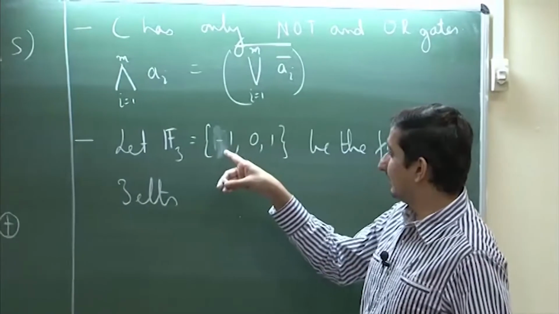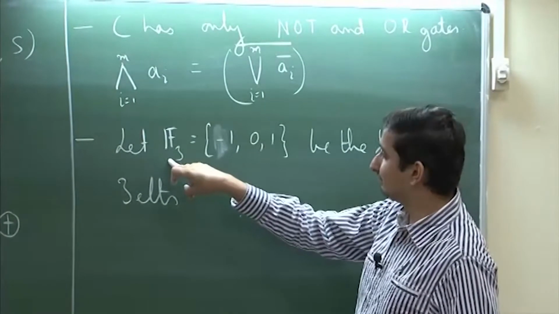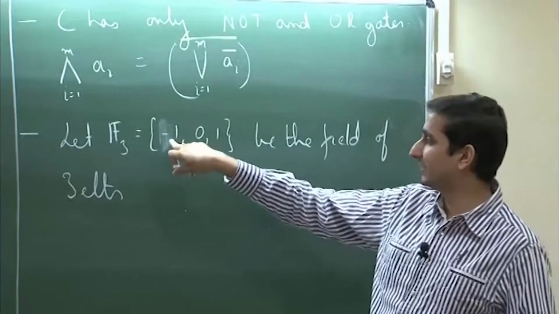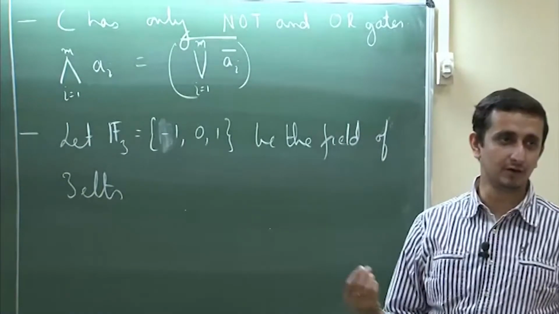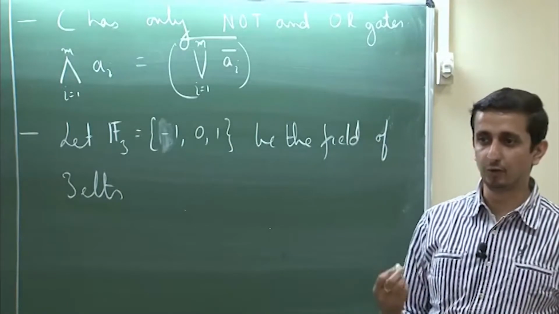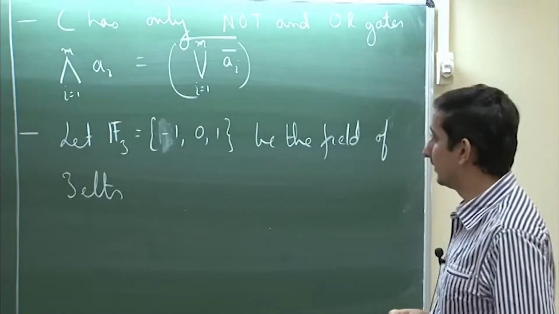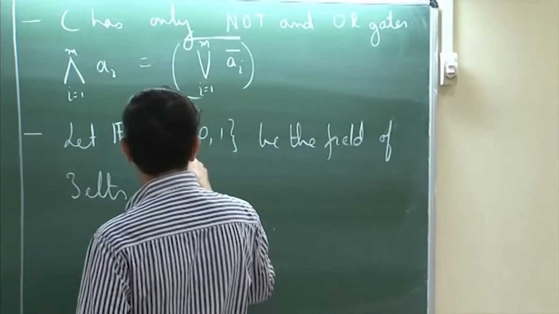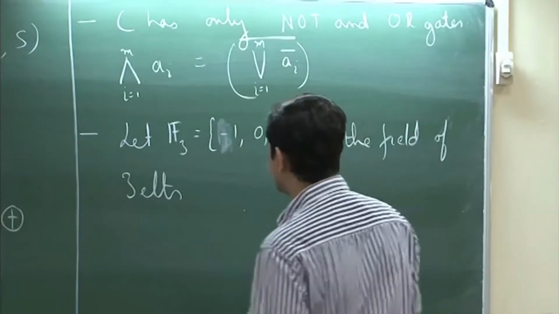By definition F3 is the elements 0, 1 and 2, but here we are using the symbol -1 to denote the element 2, because it makes things a little more convenient for us.